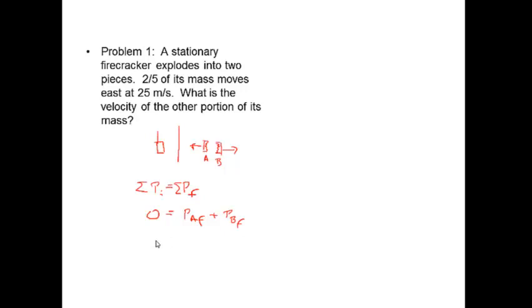So let's see if we can do this. So we could say the negative of PAF equals PBF. Come up here, negative MA. Now I'm breaking it into mass and velocity. VAF equals MB VBF.